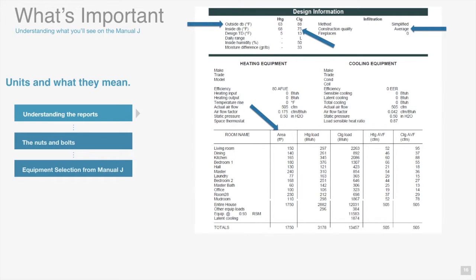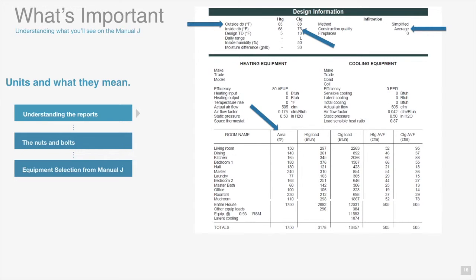Now, down here's the area column, and when we're looking at the area column, we just want to make sure that everything's within plus or minus 10% of somebody else's calculation. Typically, the architect or a builder will give you a square footage number, and different trades, different professions, and different locales are going to measure from different parts of the walls and different corners of the building.